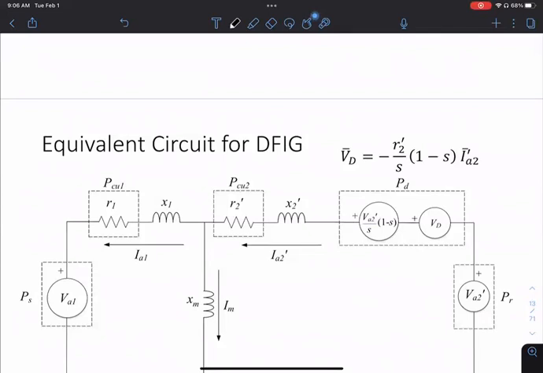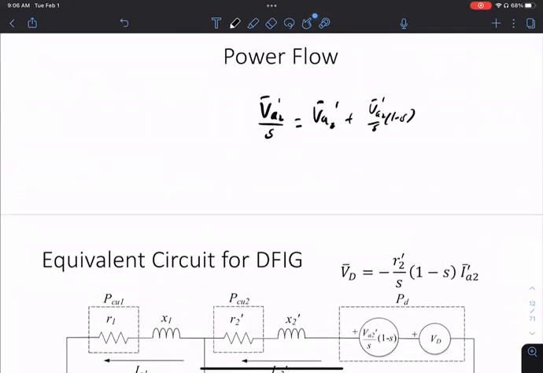Okay, so again, this PD power exists because I have a non-zero slip. PR exists because I have a voltage connection, a connection to the grid. This thing will be there no matter what. This thing has a dependence on S. And the trick again is this trick. This is actually quite a useful trick in the induction generator, as you can separate out this 1 over S by this equation.